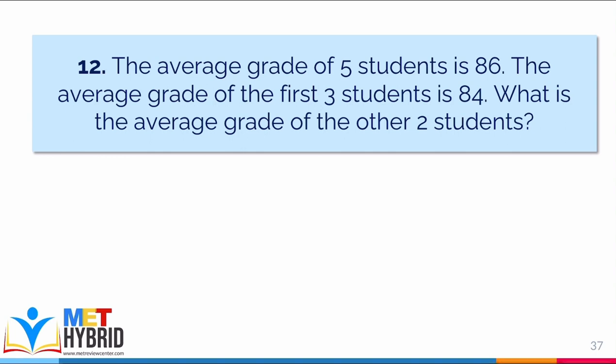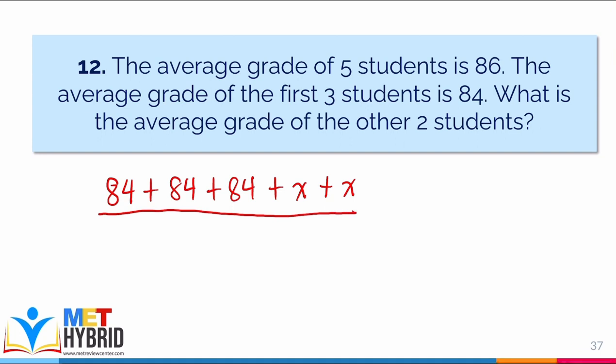Since the first 3 students' grade is 84 and the other 2 students' grade, which is missing, is the same, our working equation will be 84 plus 84 plus 84 plus 2x, divided by 5, equals 86. We can simplify this by adding the 3 84s and the 2 x's and multiplying by 5 to eliminate 5 in the denominator.